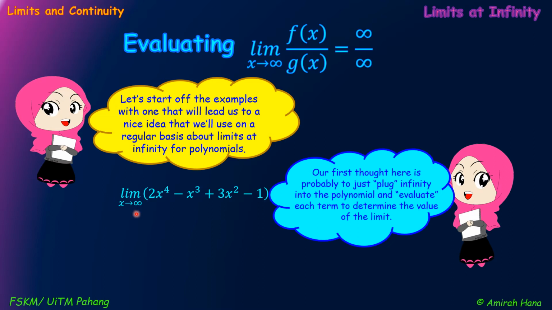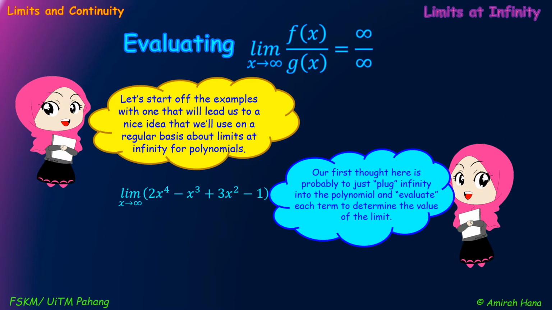As x approaches infinity, then x to a power can only get larger, and the coefficient on each term, the first and the third, will only make the term even larger. So, if you look at what each term is doing in the limit, we get the following.